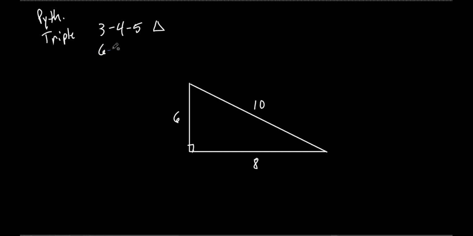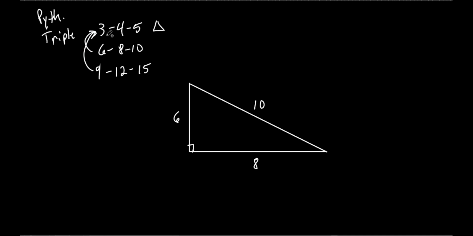So 6, 8, 10 would also be a Pythagorean triple, but really it's the same triple as that, isn't it? Okay? I could have a 9, 12, 15 triangle. But again, these are kind of like subsets, probably not the best word, but they're offshoots of the 3, 4, 5.